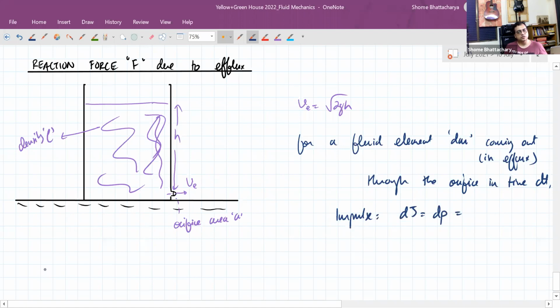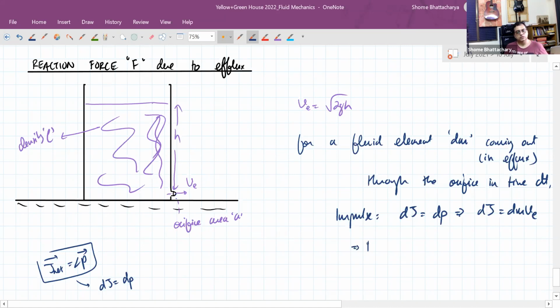This concept says that net impulse is equal to change in momentum. So for a small impulse in a small time dt, the impulse acting is dm into v, because that fluid element is more or less at rest inside.